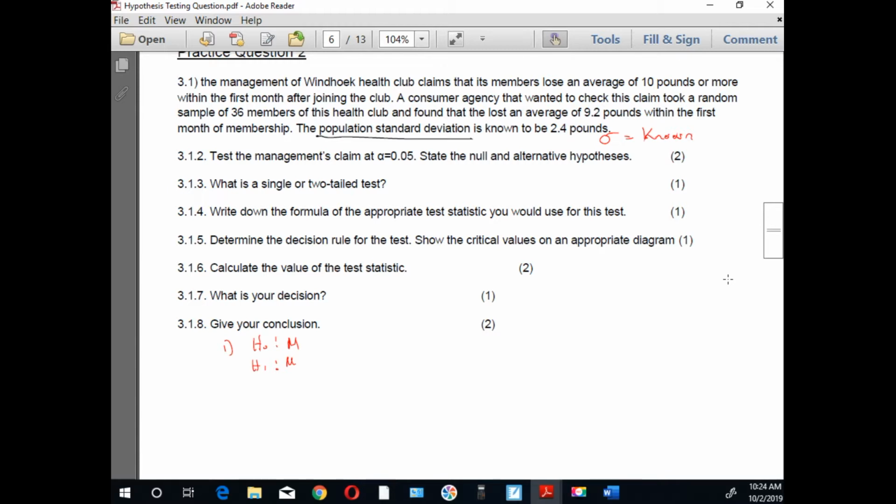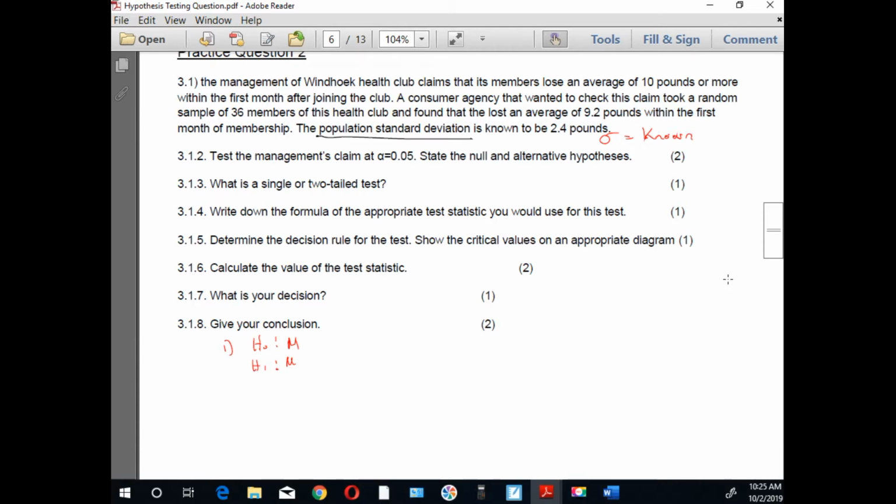Alright, they said it claims that its members lose an average of £10 or more within the first month. £10 or more. Okay, that's the claim. A consumer agent wanted to check if this claim is true. Remember here in this case, our mean means average pounds that are lost.